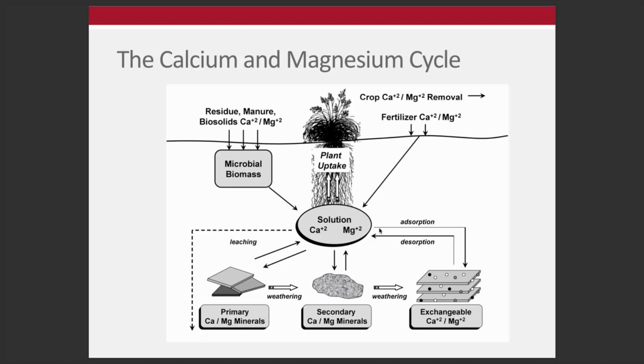And then we have adsorption, desorption with exchange sites on the soil colloid. We have primary minerals, secondary minerals, weathering processes that make the calcium and magnesium more and more available, and ultimately able to be desorbed into soil solution. But again, this is a much more simplified process than many of the cycles that we've talked about today.